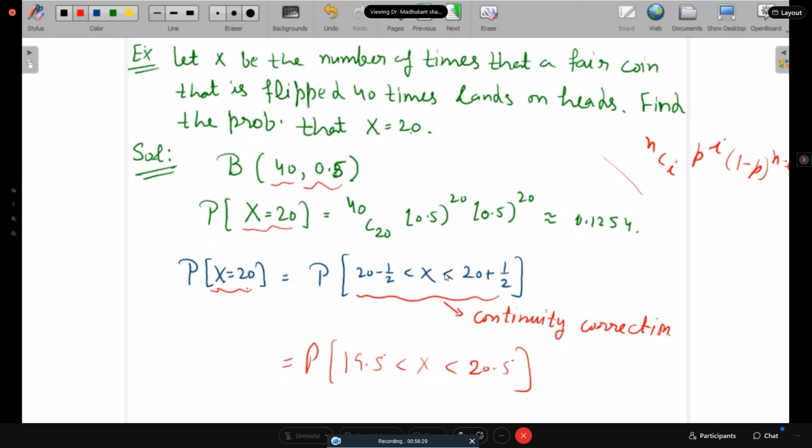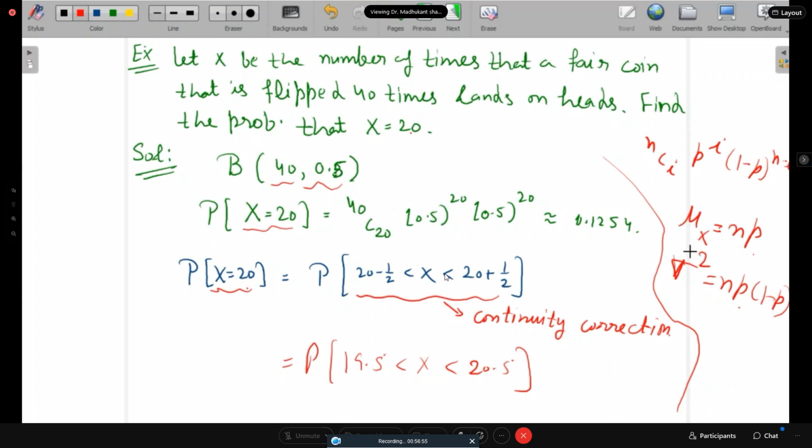If you recall, the mean of x is nothing but n times p, and the variance sigma square is n times p times 1 minus p. From the binomial case, n is 40, p is 0.5, so 0.5 into 0.5 is 0.25, into 40.